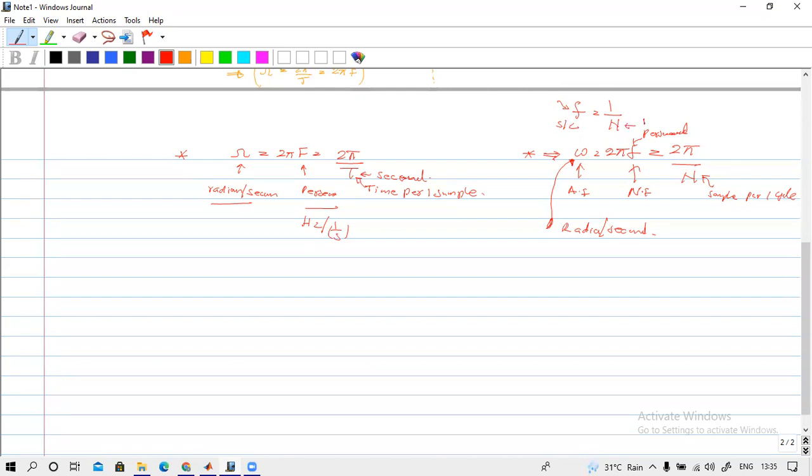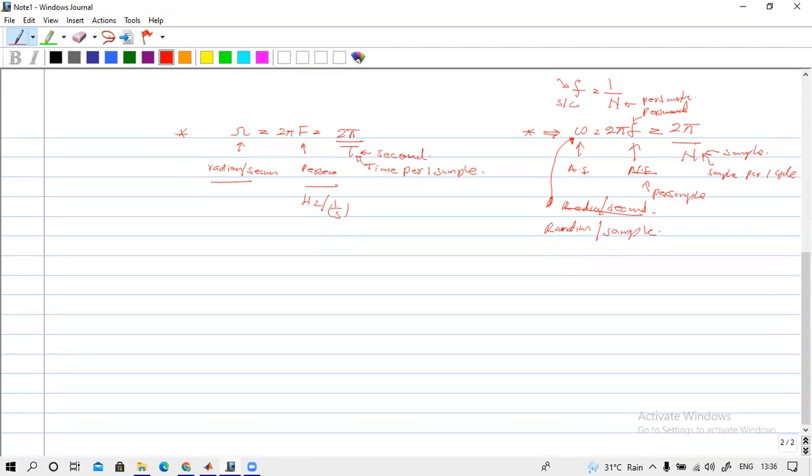So here you get radian per sample. This F is per sample, and this N is samples. So that is the unit of the discrete time signal parameters. I think you got it.